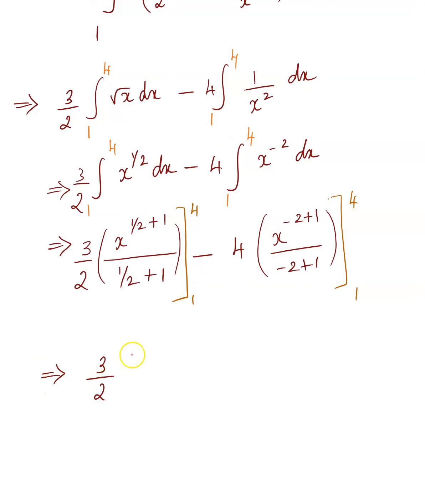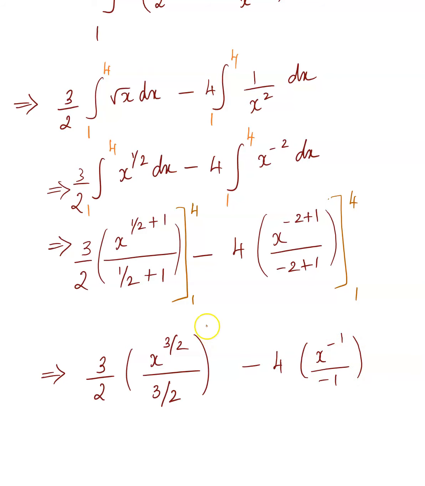So this is 3 over 2 times x power. Don't be in a hurry to evaluate yet, because we want to first take care of all the constants and get them out of the way, and then just for the x we'll substitute, because that's the only variable. So that's going to be 3 over 2 over 3 over 2, and x power negative 1 over negative 1, and then I'll bring in the limits 1 to 4.